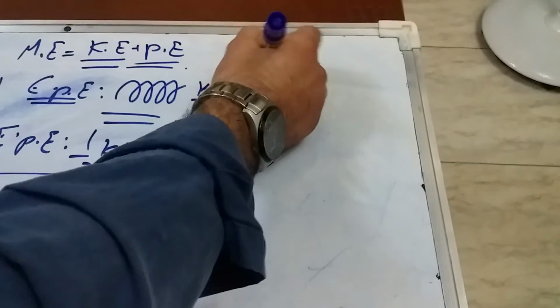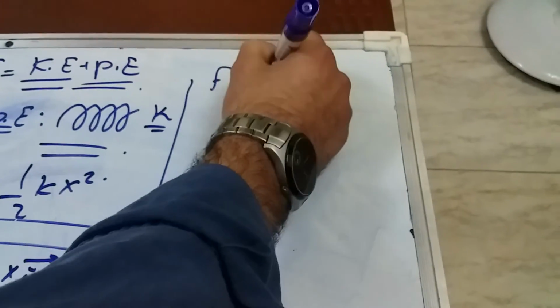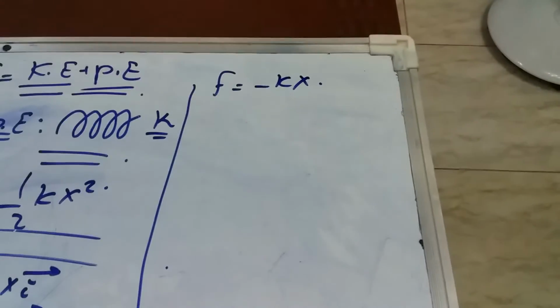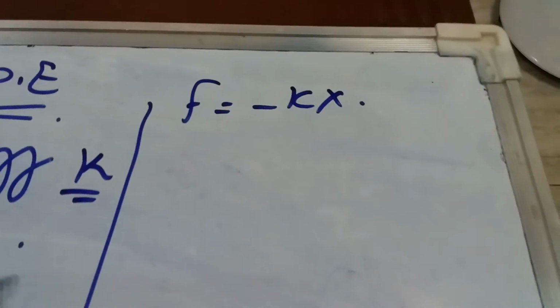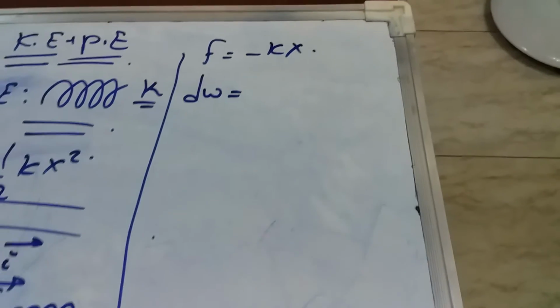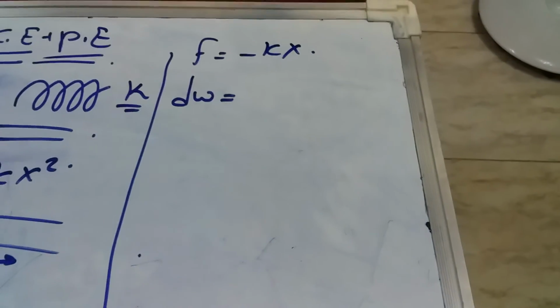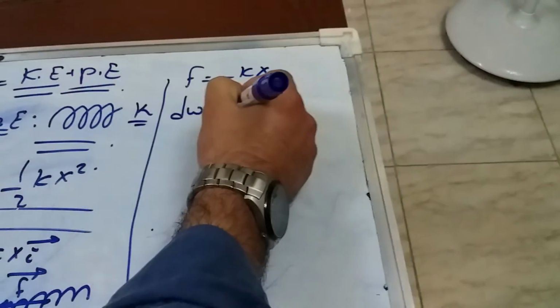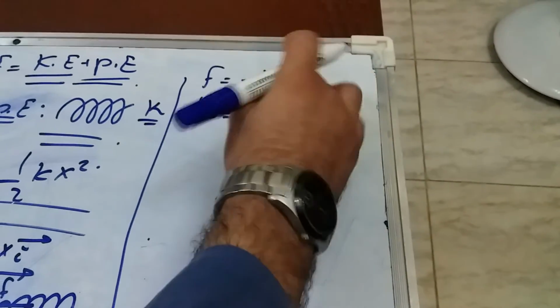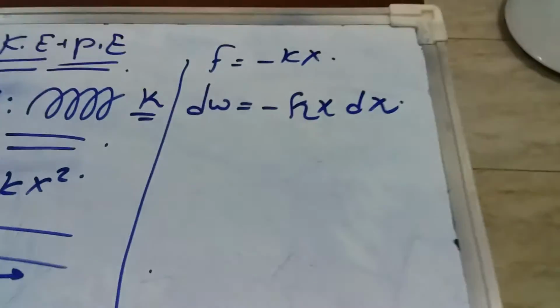As we said, F, the tension, is equal to minus kx. Now if we have dW, the infinitesimal amount of work done by this force, it will be equal to minus kx dx.